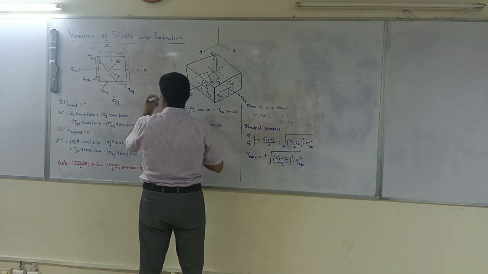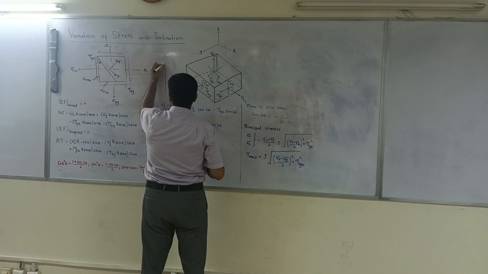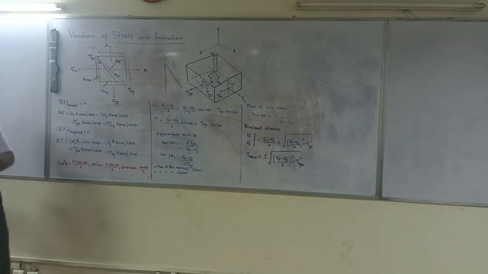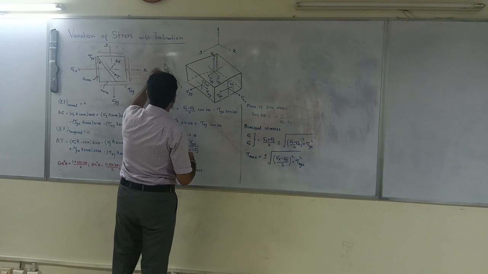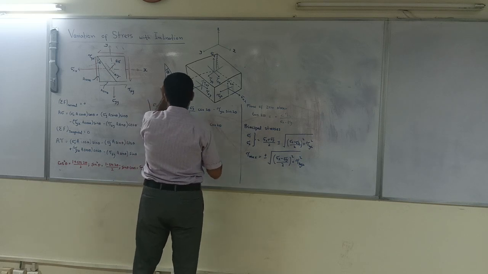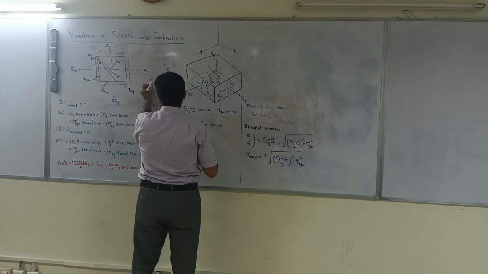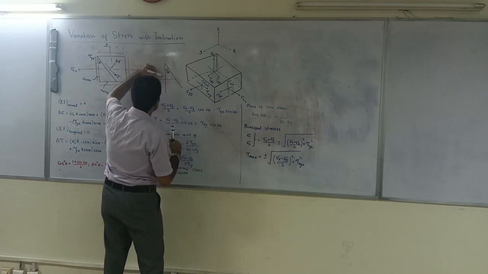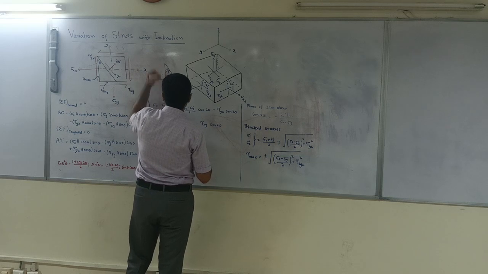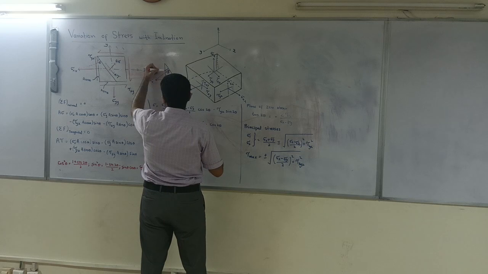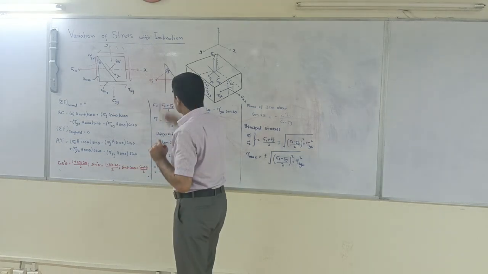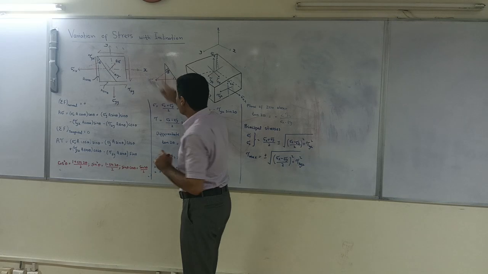If this is theta, this will be 90 minus theta, and this will be theta.